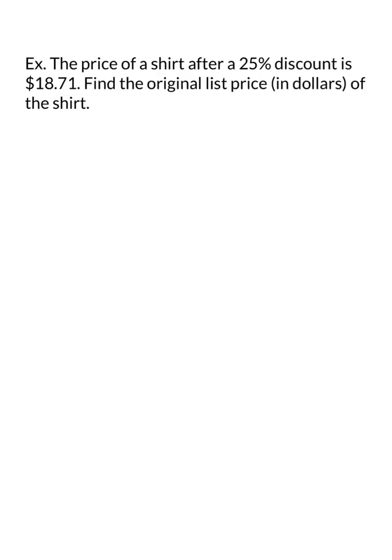And then last but not least, we ask you to find the original price of a shirt when the price after a 25% discount is $18.71. So when I put this in a verbal form, I know that sale price equals list price minus the discount. Sale price is $18.71.